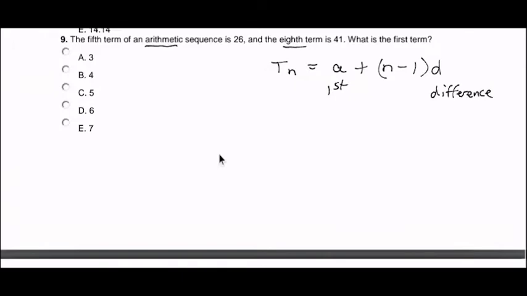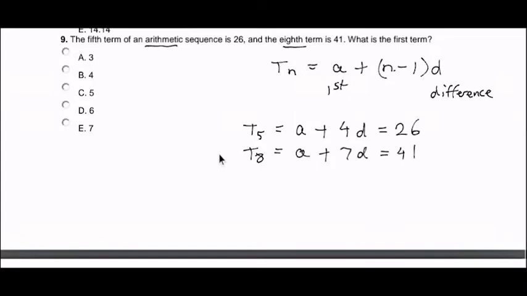Right, so let's put it all together. So T5 is equal to, sub in the a and 5 minus 1, which is 4, so a plus 4d is equal to 26, and T8 is equal to a plus 8 minus 1, which is 7, by d, is equal to 41.